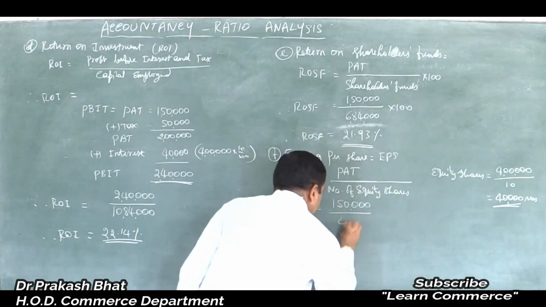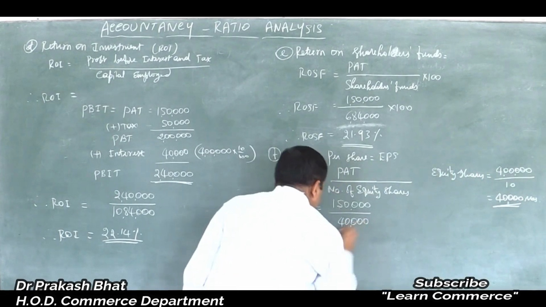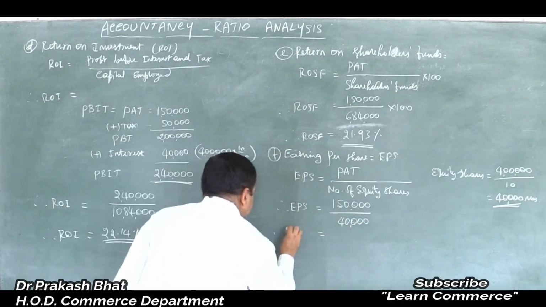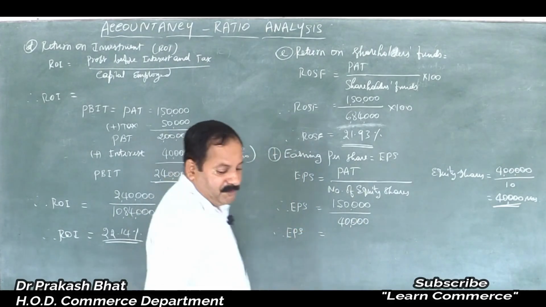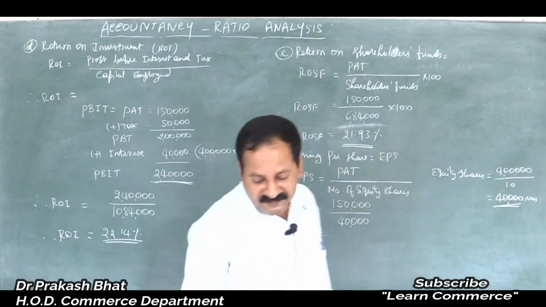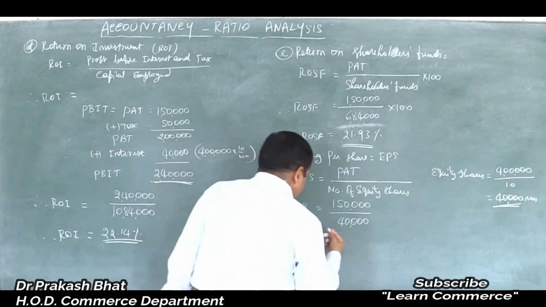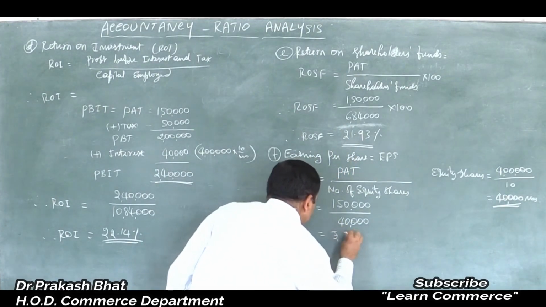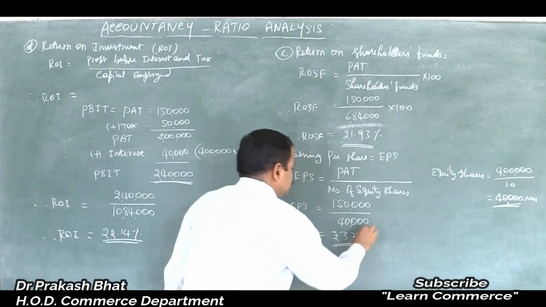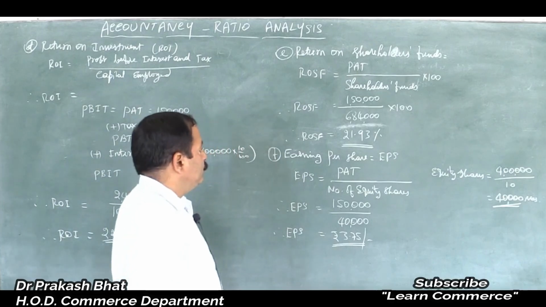Divide it. Therefore EPS is equal to rupees 3.75 per share. That's all.